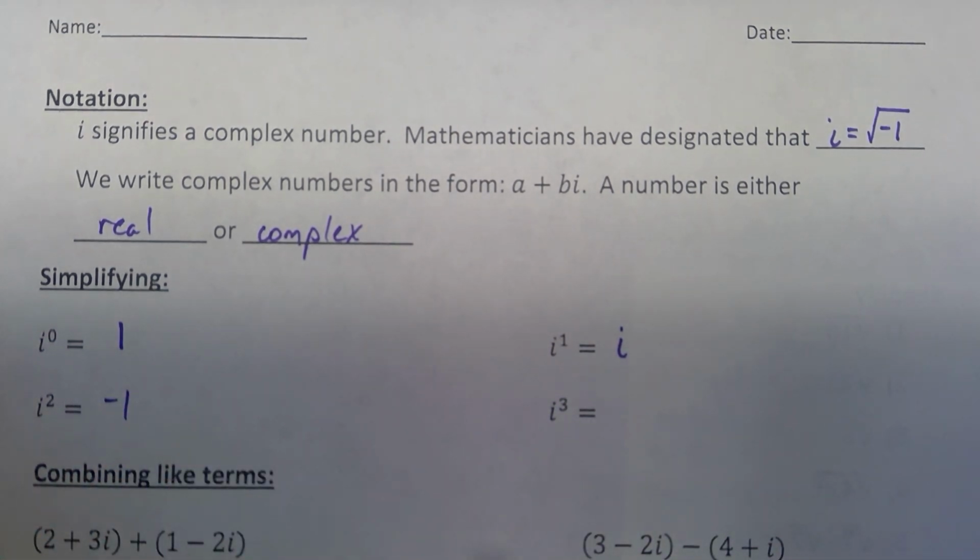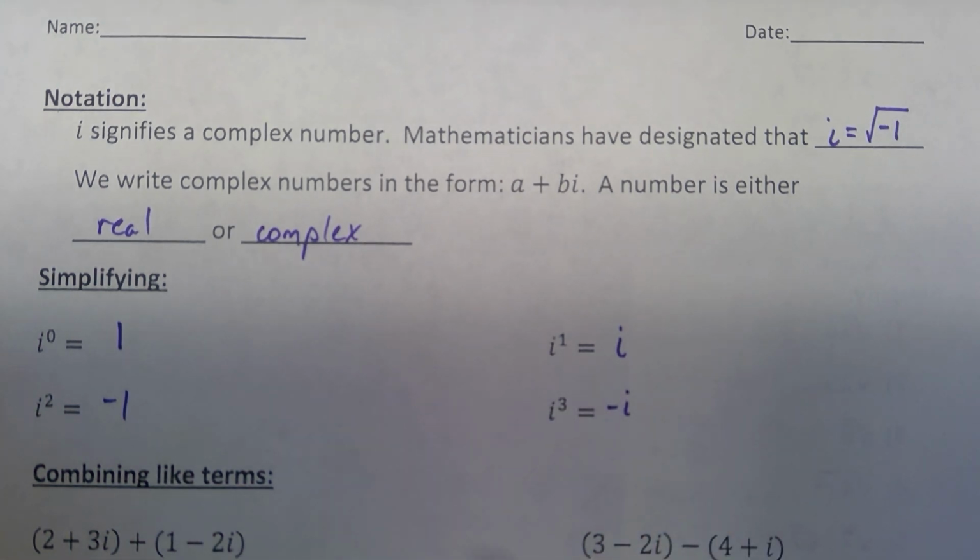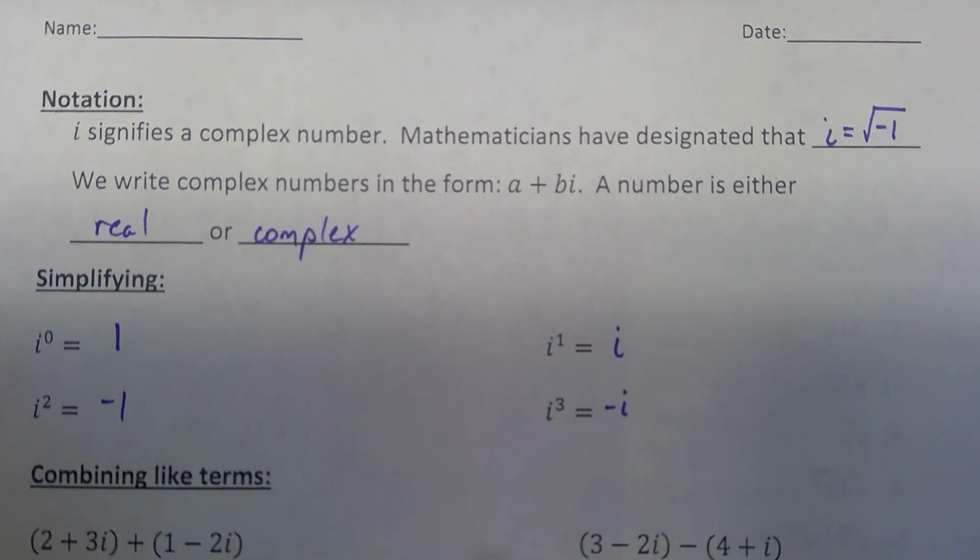And then i cubed: maybe i to the first and i to the second, maybe 1, positive i, -1, maybe negative i. It is going to be a negative i, so negative i is going to be there in our pattern. And that's something that we'll look at, hopefully, through an investigation of the powers of i to see the patterns that are going on there.